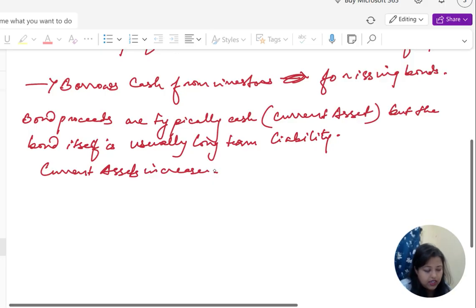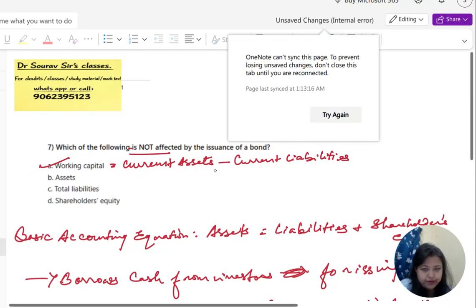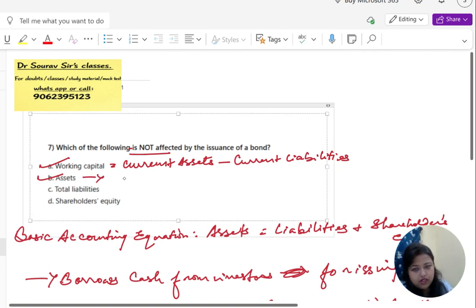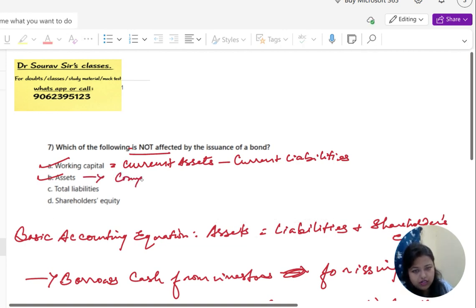Next is assets. This is also affected. Why? Because the company receives cash, so assets increase.